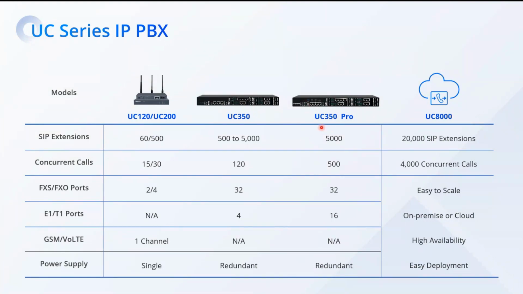Compared to the previous version, it has more powerful support: more extensions, more concurrent call support, more FXS and FXO support, and even more U1 or T1 ports. Of course, we also offer the redundant power supply.